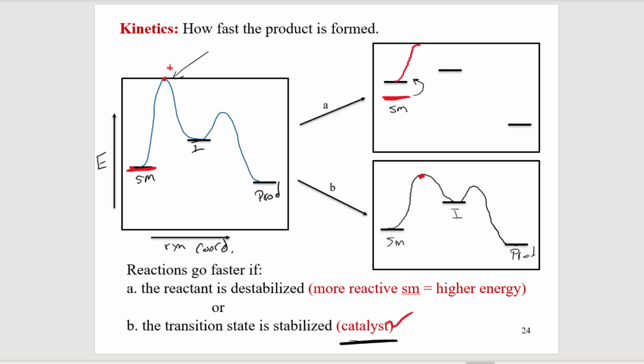Because I'm still going to climb the transition state to get to the intermediate. But I get to the same point of the transition state, and I've lowered the activation energy by destabilizing my starting material. So those are two ways on an energy diagram you can represent changing the kinetics of a reaction.